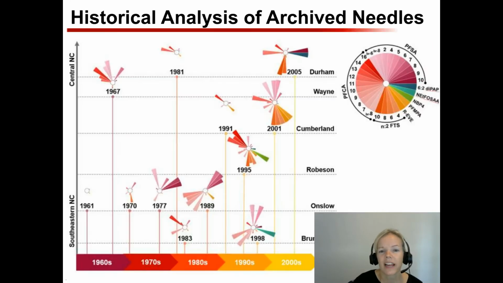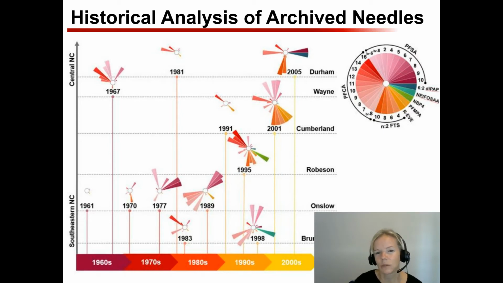And what we saw here is, if we look at our different timelines, so we have our timeline on the x-axis and then our location in North Carolina on the y-axis, with different counties in North Carolina highlighted by the different dashed lines, we can see that we saw in the early 1960s very few PFAS, but we saw an increase in the number of PFAS as we went through time.